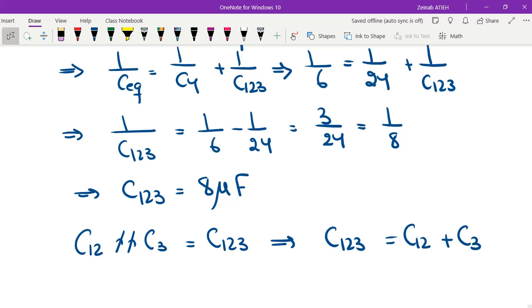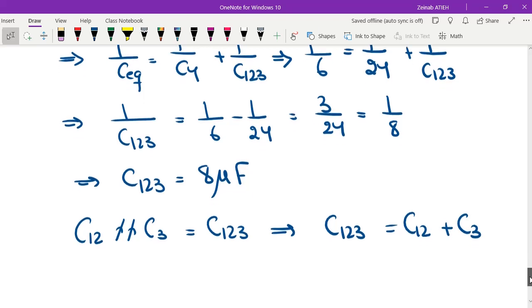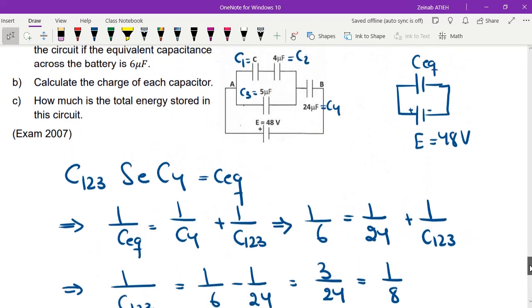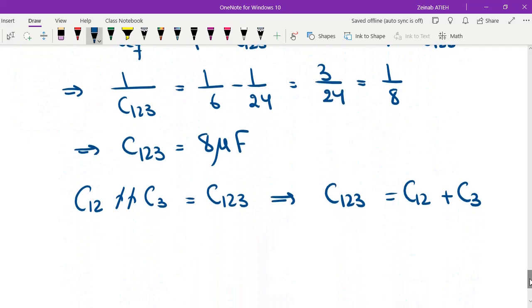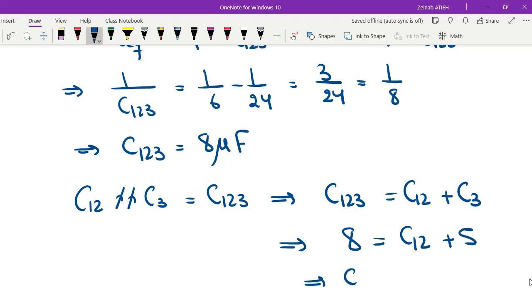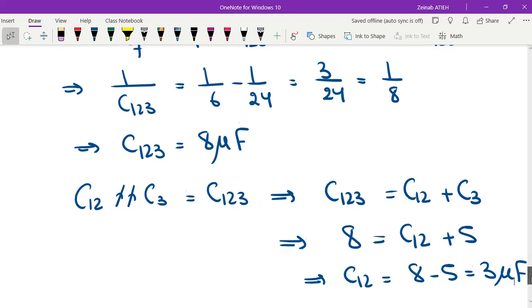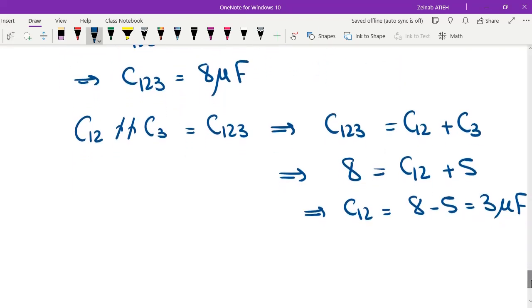Now I want to find C12. C3, let me check how much it was, 5. Okay, implies 8 equals C12 plus 5, implies C12 equals 8 minus 5 equals 3 microfarad. Okay, now who was in place of C12? C12 is the equivalent of C1 and C2 that are connected in series.